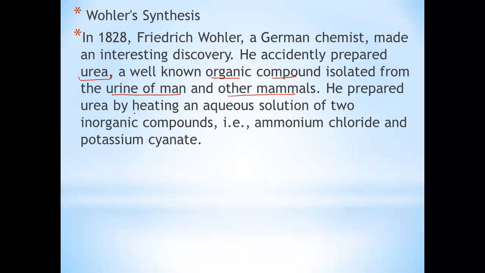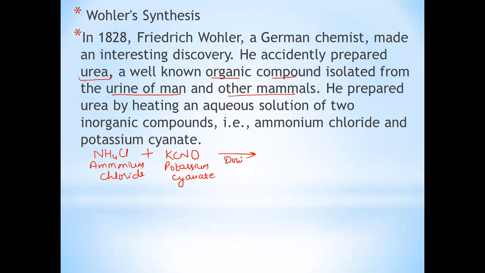He prepared urea by heating an aqueous solution of two inorganic compounds, ammonium chloride, formula NH4Cl, plus potassium cyanate, KCNO, which undergo a double displacement reaction.